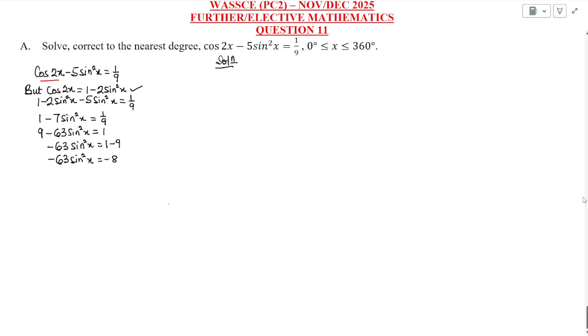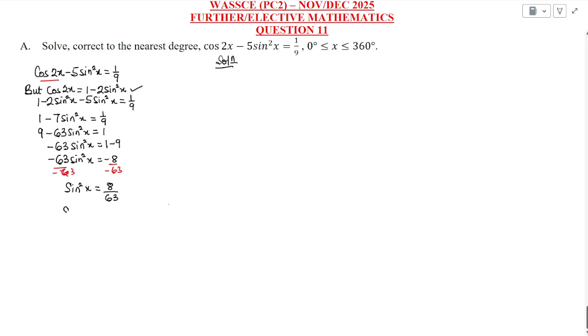Dividing both sides by negative 63, this gives me sine squared x equals 8 out of 63. To do away with the square, we find the square root of both sides.